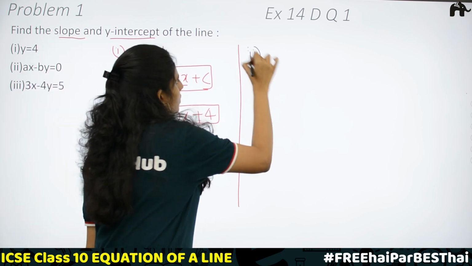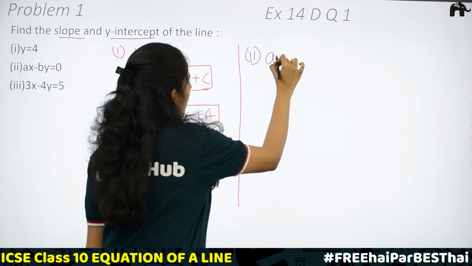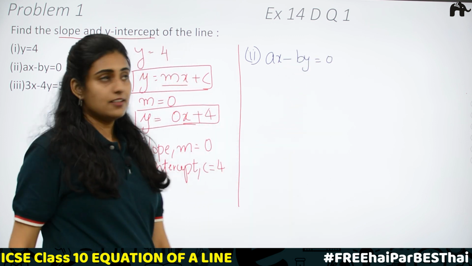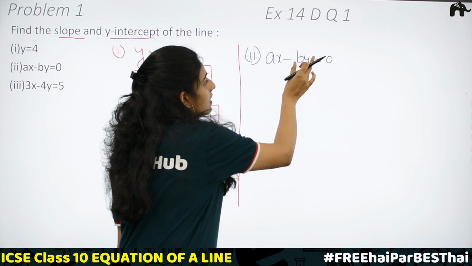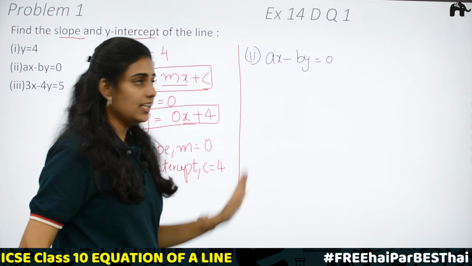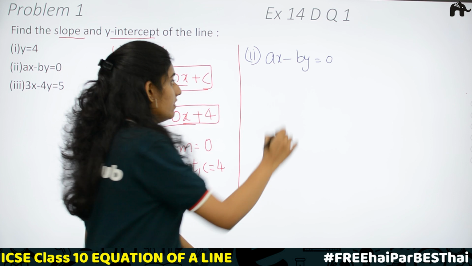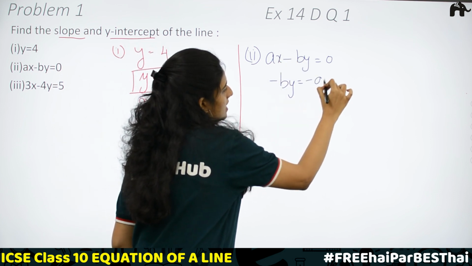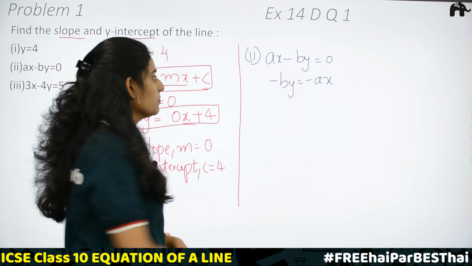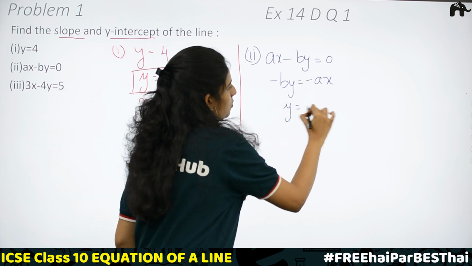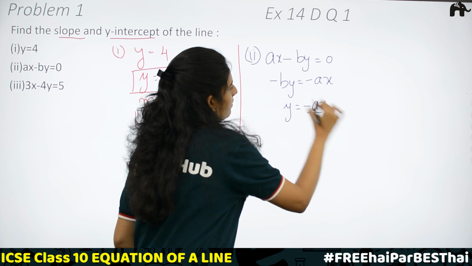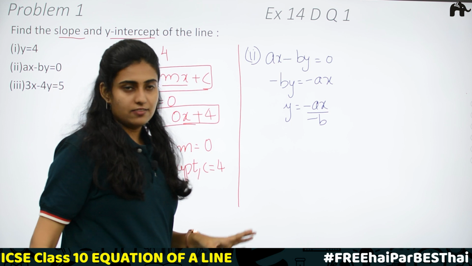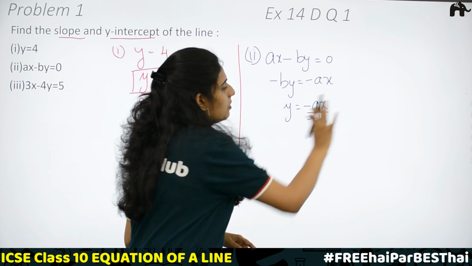Now, the second equation, here we have ax minus by is equal to 0. We have to take only the y containing term on the left hand side, taking all other terms to the right hand side, we get minus by is equal to, ax becomes minus ax. Okay. Then y is equal to minus ax divided by minus b. Here it is multiplication, taking to the opposite side becomes division. Okay. Now, what about the constant?